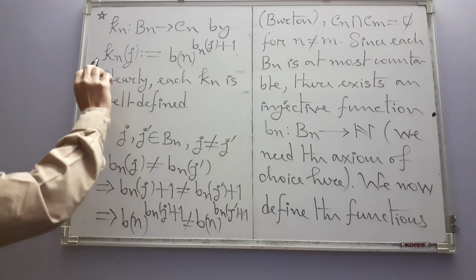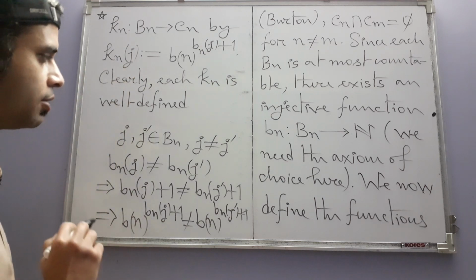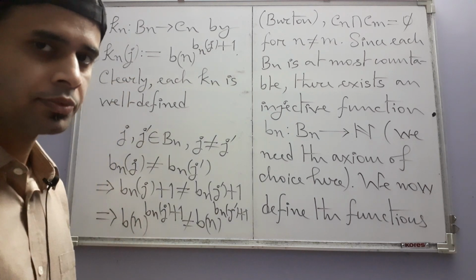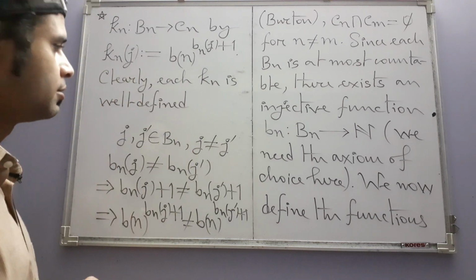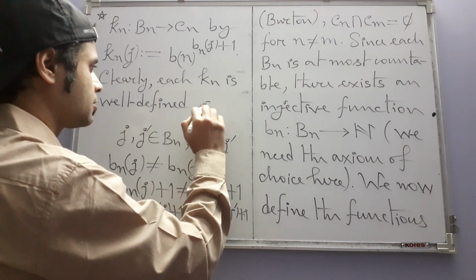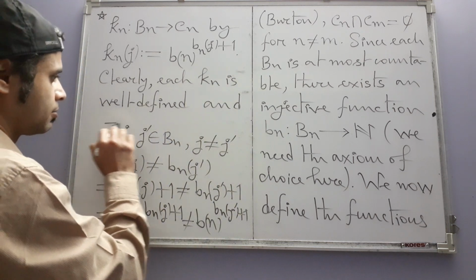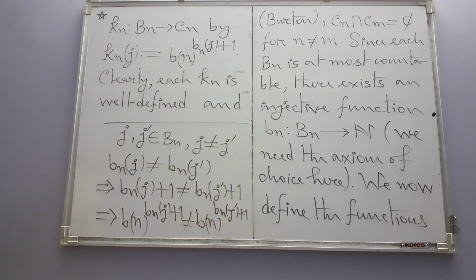That means Kn of j is not equal to Kn of j prime. That just simply says that each Kn is injective. So we just simply write like this: injective.